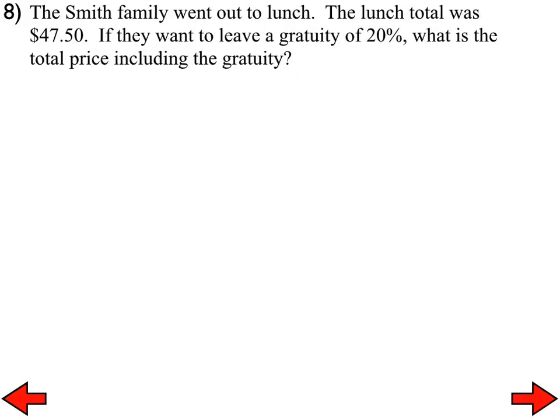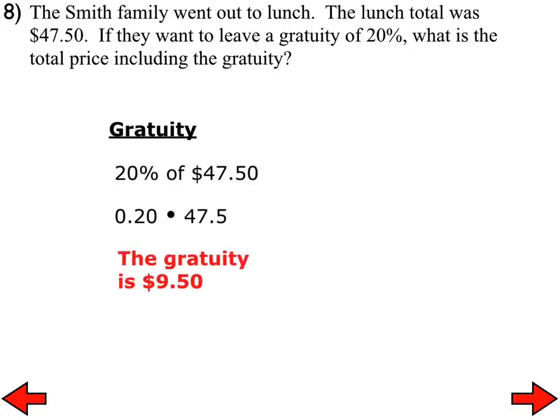So the Smith family went out to lunch. The lunch total was $47.50. They want to leave a gratuity of 20%. What is the total amount of money they have to leave, including gratuity? Go ahead and do this one on your own. 20% of $47.50 is $9.50.